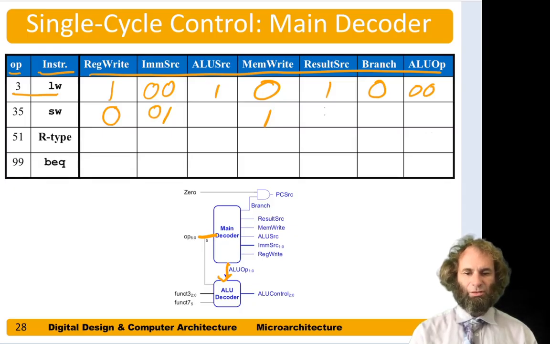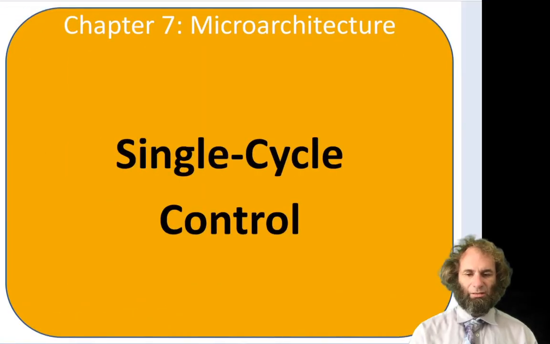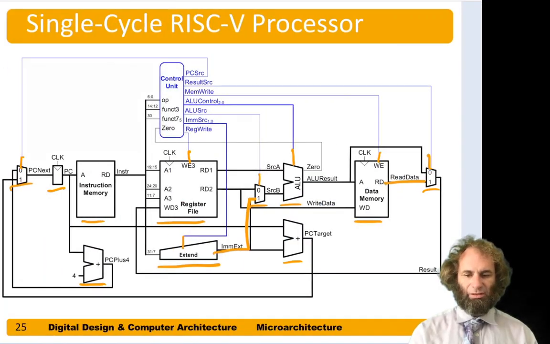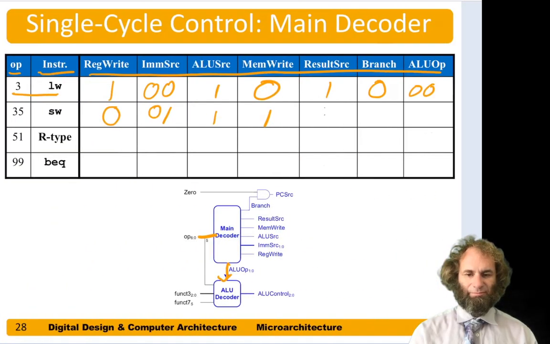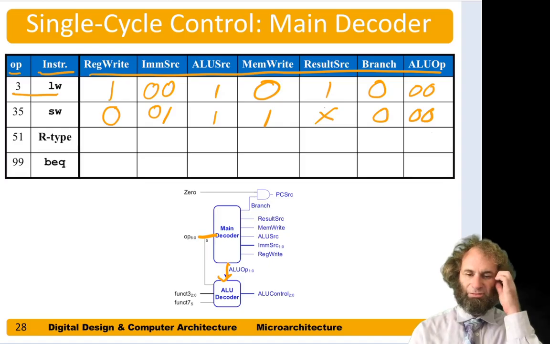ALU source is 1 again, because once again we want to choose source B from the immediate. Result source doesn't matter because we're throwing away the result, we're just writing to memory, not to the register file. This is not a branch, and once again ALU op is 0 to tell us to add the base address to the offset.